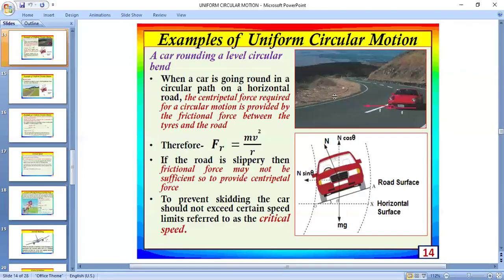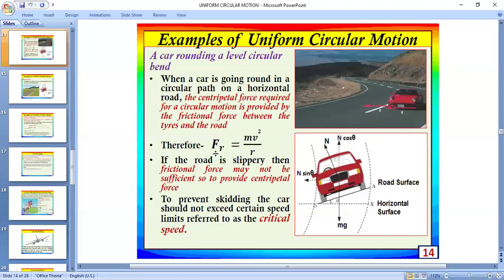The circular bend is on the driver's right, and he needs a very high frictional force to be able to pass and negotiate that bend. So the centripetal force required for the circular motion is provided by the frictional force between the tires and the road.